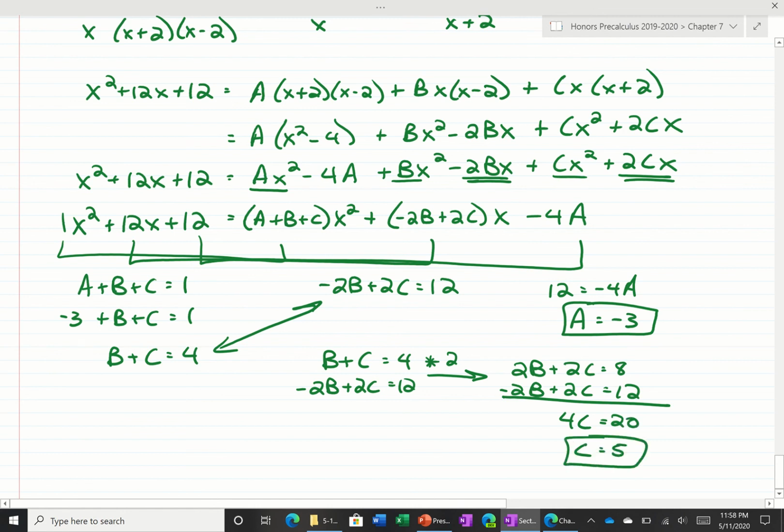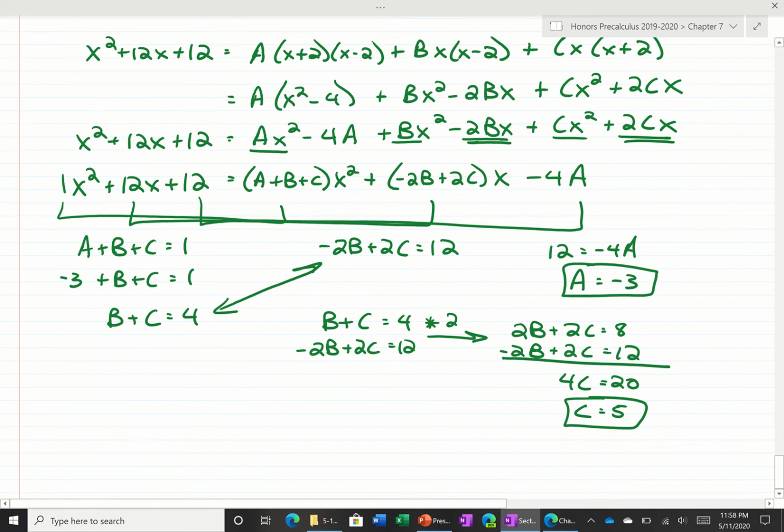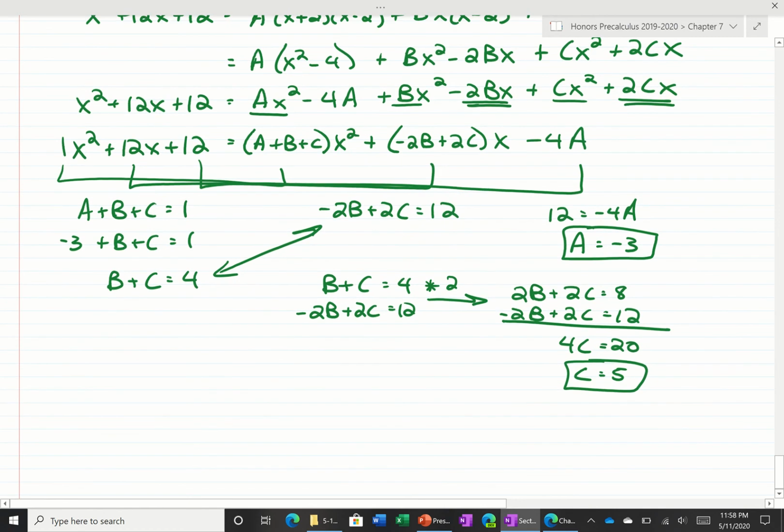C would be 5. And let's see here. If C is 5, then we get B is equal to -1.